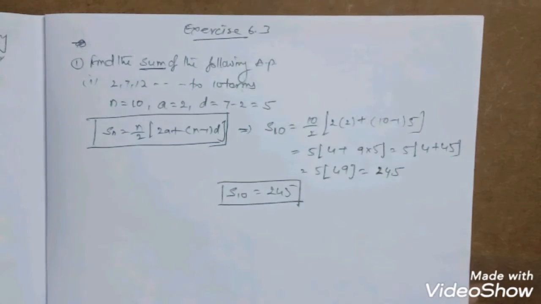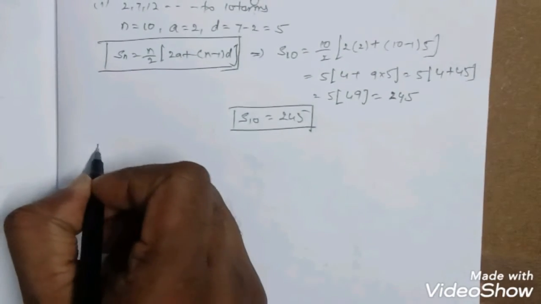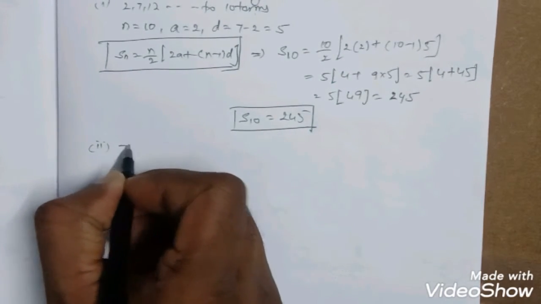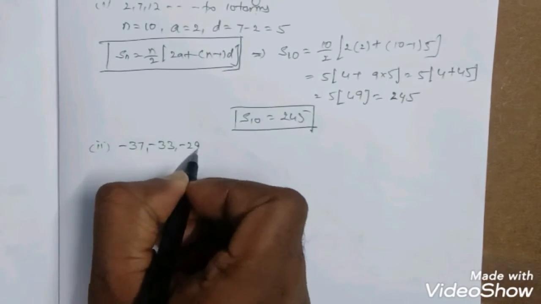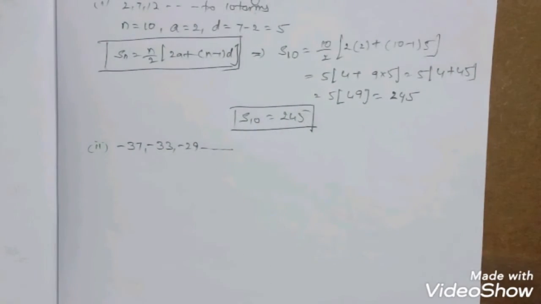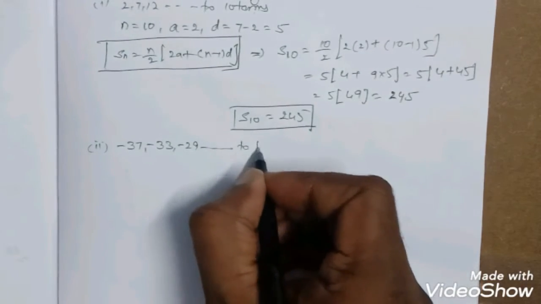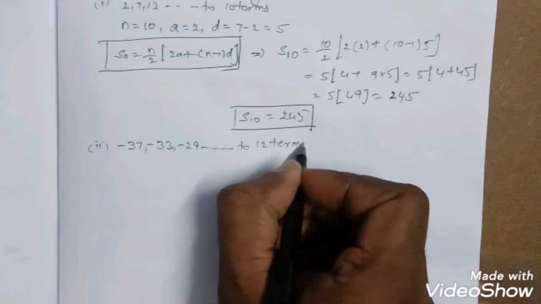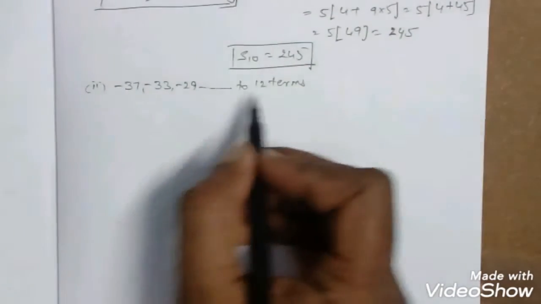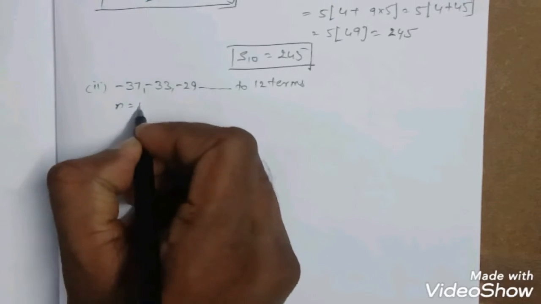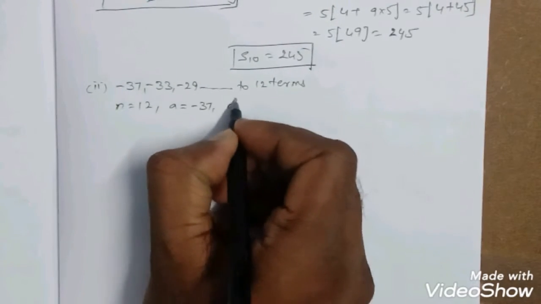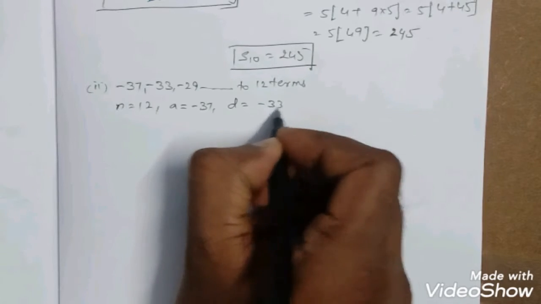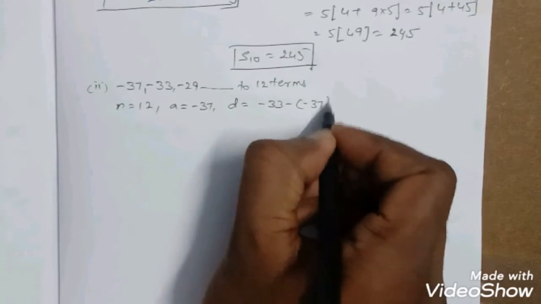Right, now coming to the second one in this. Now what is the second question here? So the second question is given as minus 37, minus 33, minus 29 and so on up to 12 terms. Right, now here total number of terms is 12 and a value is given as minus 37, d common difference is nothing but minus 33 minus of minus 37.